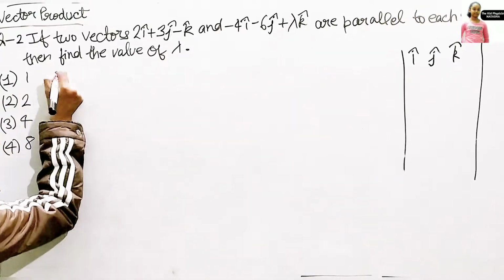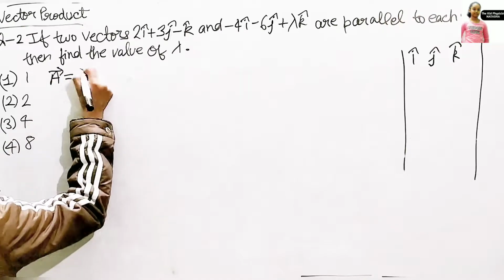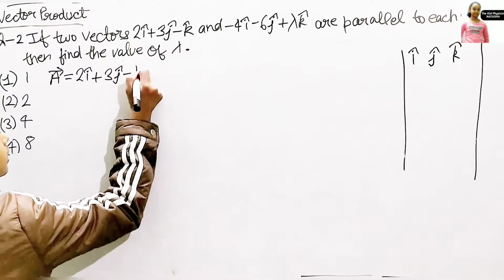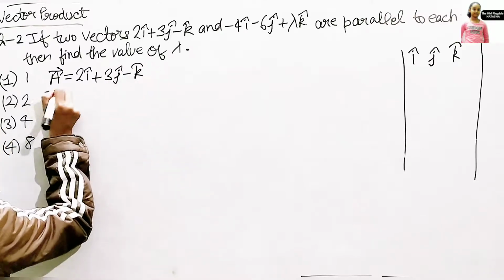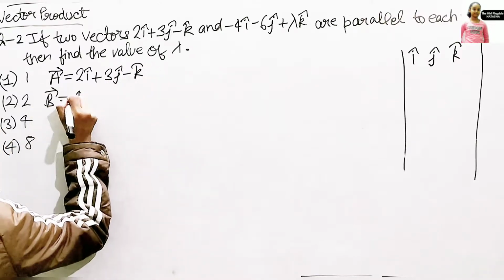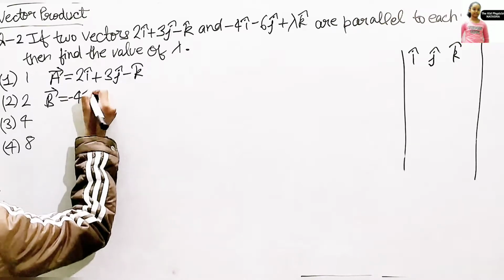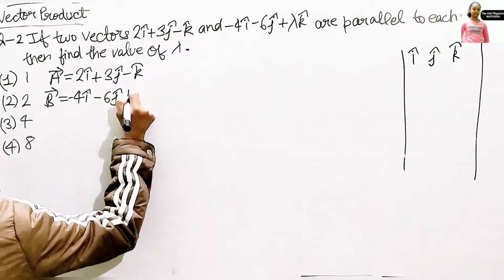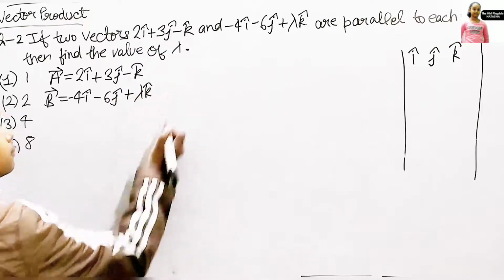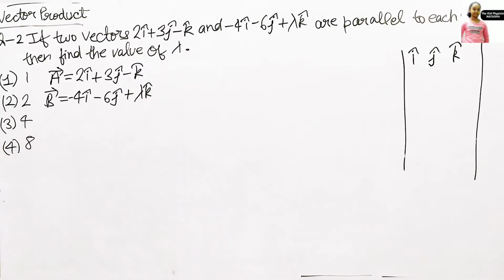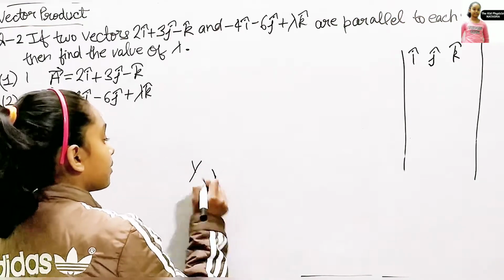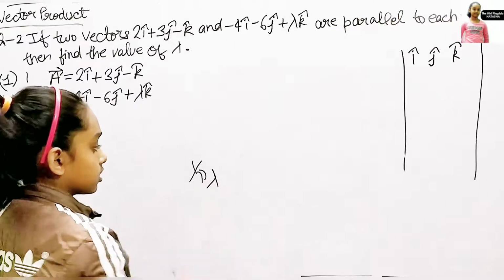So, what is the value of vector A? 2i cap plus 3j cap minus k cap. And what is the value of vector B? It is minus 4i cap minus 6j cap plus gamma k cap. Okay, y will be like this, but gamma will be like this, means it's opposite.